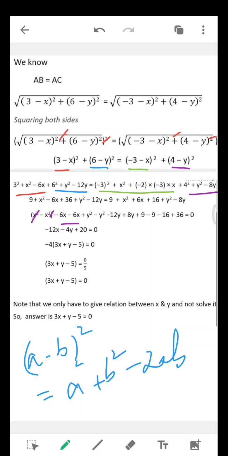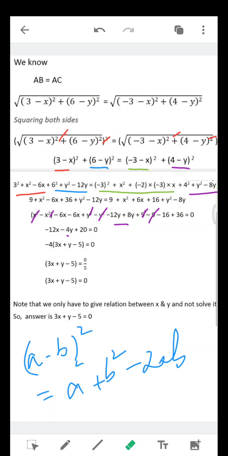Minus 6 becomes minus 12, and y square also gets cancelled, and minus 12 plus 8 becomes minus 4y. 9 minus 9 also gets cancelled here, and 36 minus 16 becomes 20. Okay, so cancelling the like terms with different signs and simplifying it.